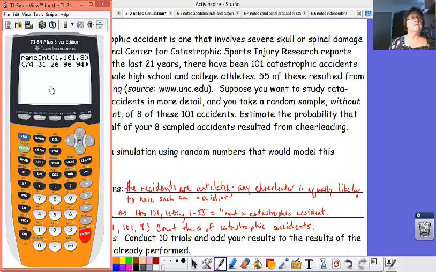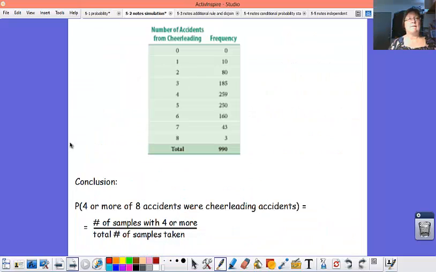I have 1 at 31, 2 is 26, 3 the 5, 4 is 12, and that's it. So I got 4 out of my 8, okay? And I'm going to just tally here that I had 1 more like that. I'm going to complete 9 more trials. I'll catch up with you in a minute.